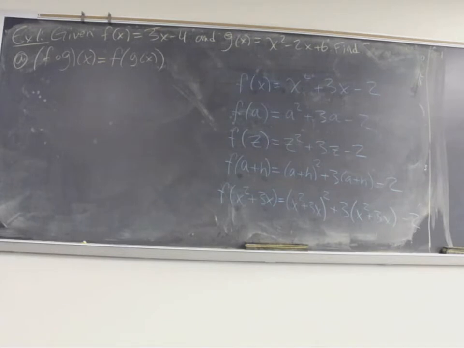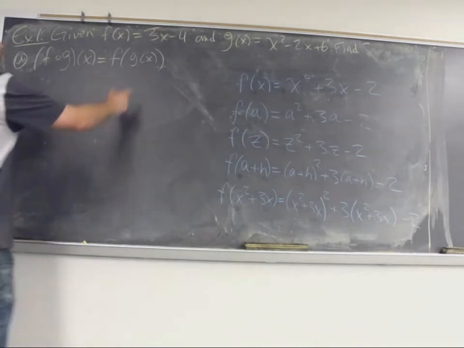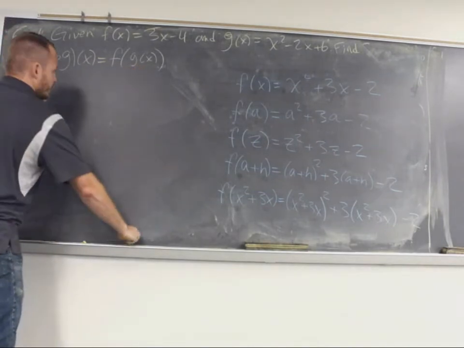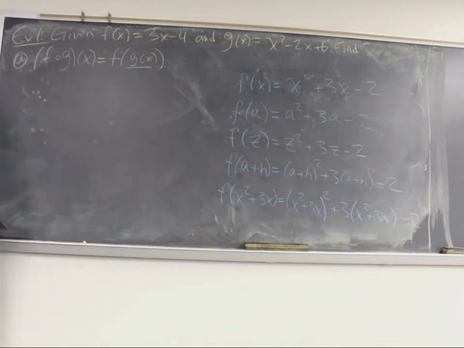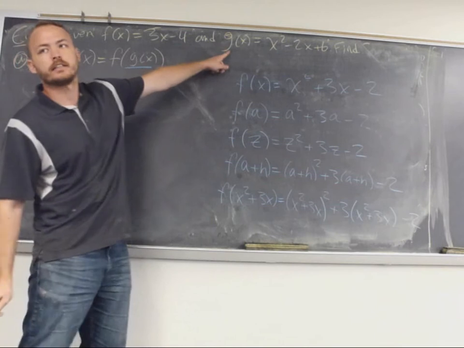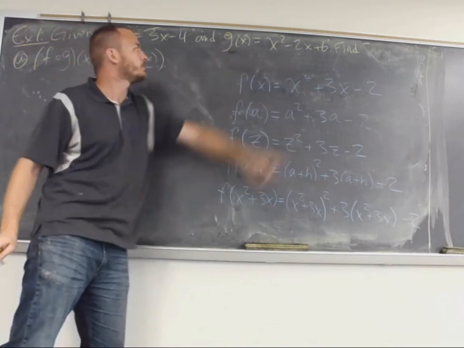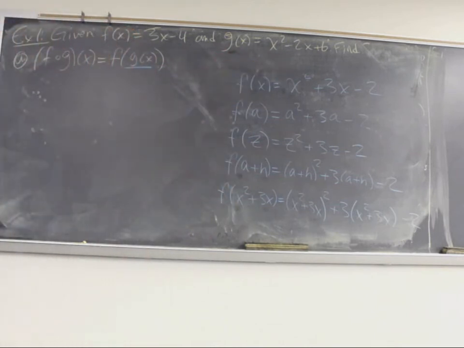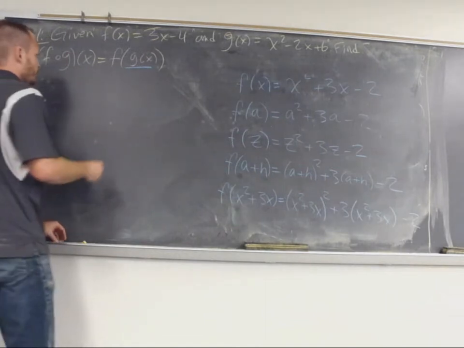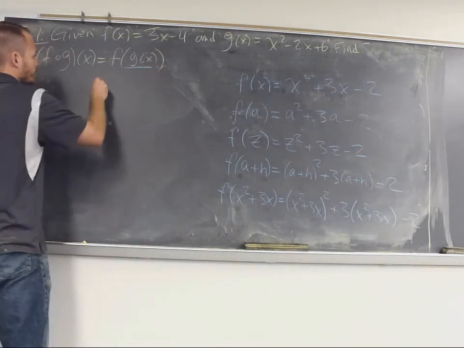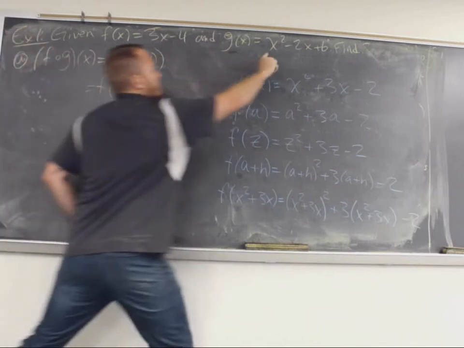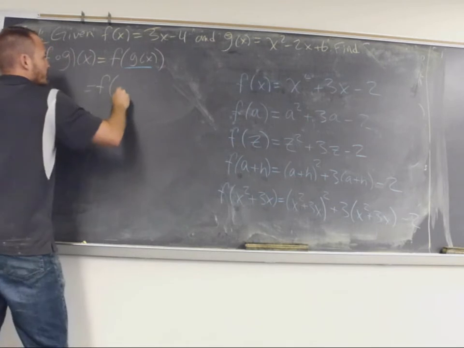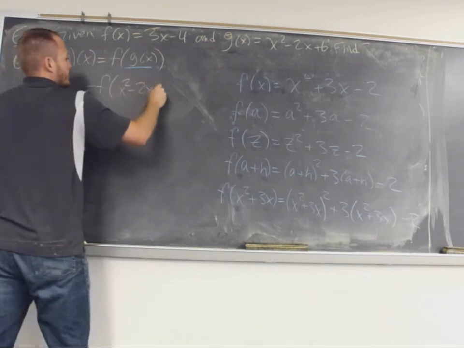Now let's look at this, and what else do we know? Do we know what g of x is? This portion inside here? Yes, it's given to us right here. It tells us g of x is equal to x squared minus 2x plus 6. So we're going to replace that now. This g of x becomes that. So you get f, and now g of x becomes this thing: x squared minus 2x plus 6.